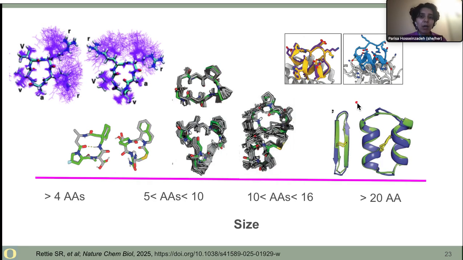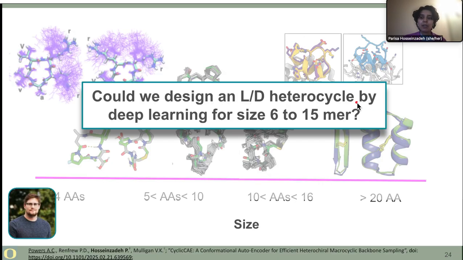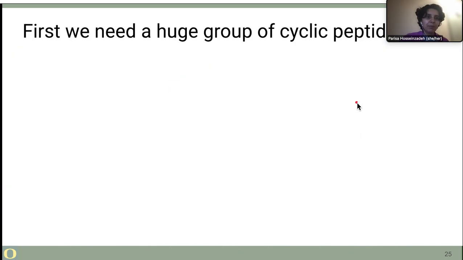And then the lab of Bhardwaj showed that they can actually make 20-ish residues via deep learning. But the problem is that that's only L amino acids. So we knew that the middle of macrocycle L and D peptides are something that we must address. And that's when Andrew came in and said, I'm going to try to design LD heterochiral macrocycles by deep learning for sizes 6 to 15 mers.